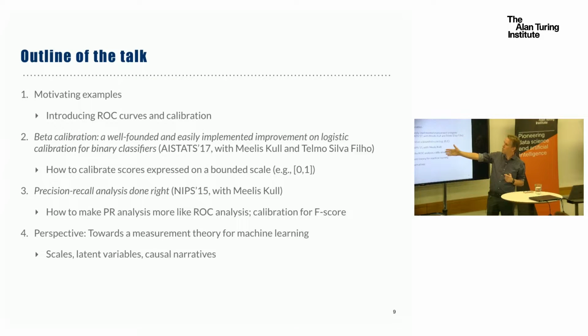This is an older paper which actually looks at the case where we don't use accuracy as an evaluation metric in our classifiers, but we use the F measure, or the F score, or the F1 score.